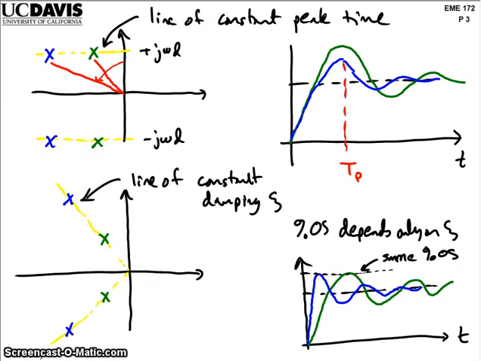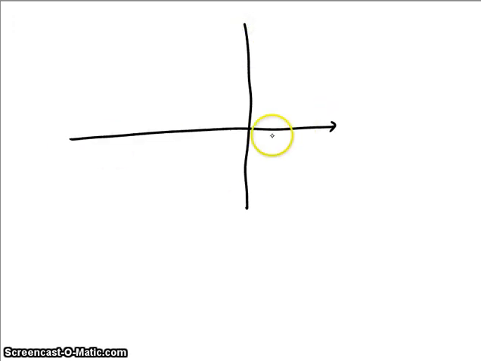And so any two of those specifications taken together would specify a unique pole location, right? So if you imagine that we're given some specifications about settling time, that would give us a line like this. And then a damping ratio or percent overshoot would give us a line like this, and the settling time would give us a line like this. TS specification.